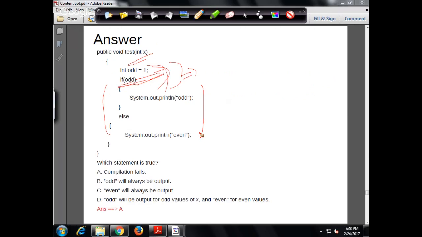You just need to spend, I think, 10 seconds to figure out that the answer is A, compilation fails. So you see that these concepts are very, very small, but they can help you big time when it comes to solving the AMCAT questions. And that is what the AMCAT organizers are looking for.